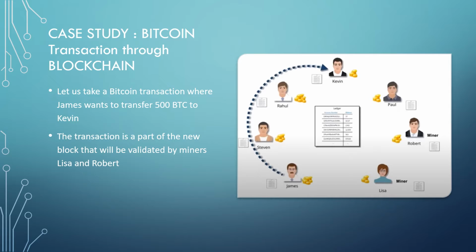So the first transaction will be validated by the miners, and James' account will be updated, and his request for the second transaction will be ignored since he does not have sufficient balance. He only has 500 bitcoins in this case.